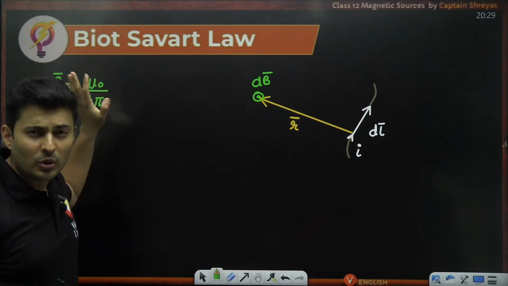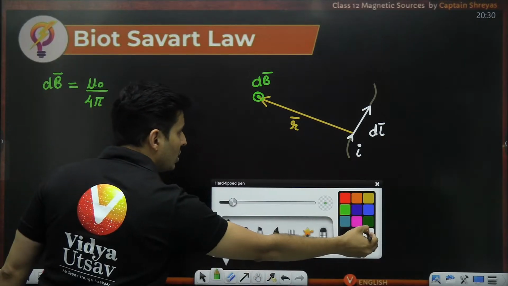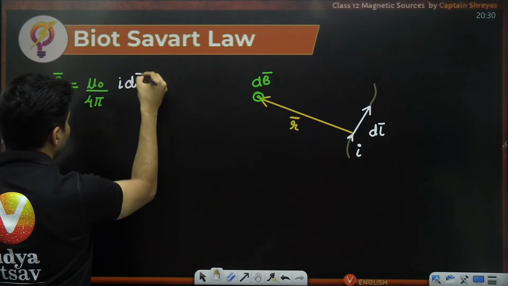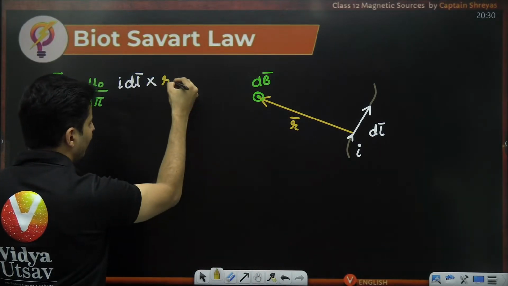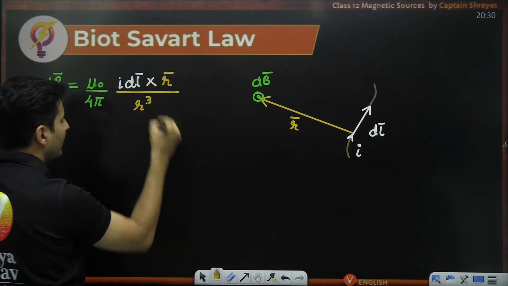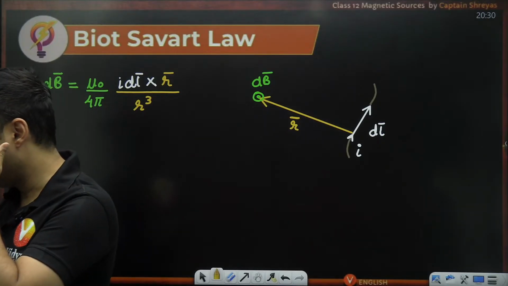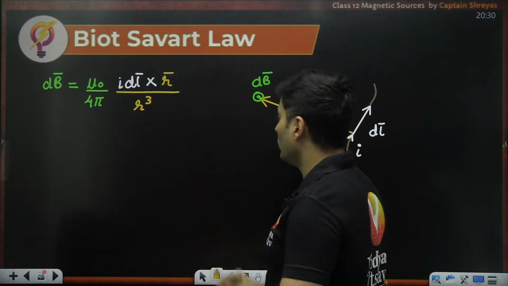We'll come to what mu naught and everything is. And then you have I dl cross product with your r vector, and the whole thing divided by r cube. This is the formula of the magnetic field due to that element.